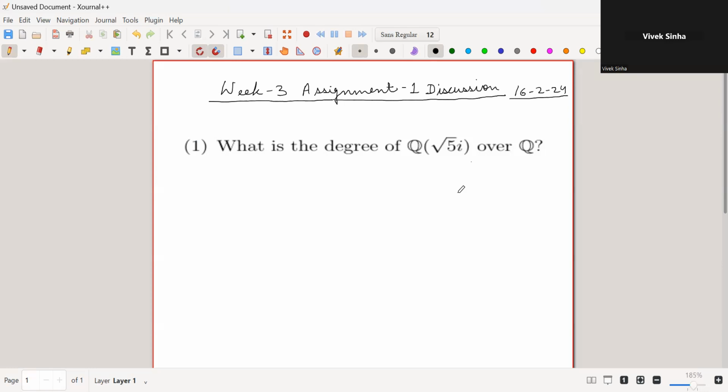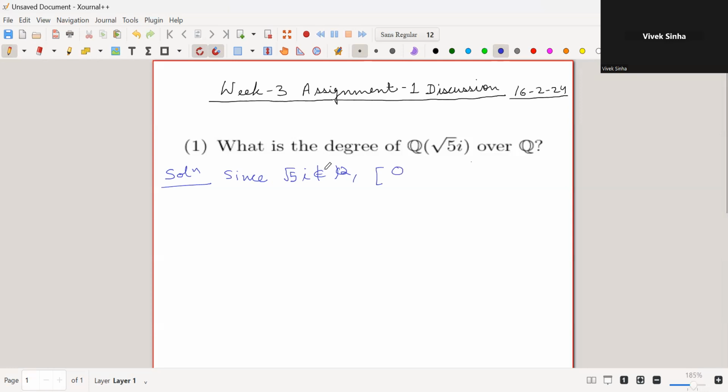Because this root 5 eta is not inside Q. So since root 5 eta is not inside Q, the degree must be greater than or equal to 2.